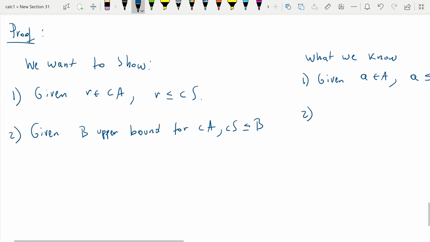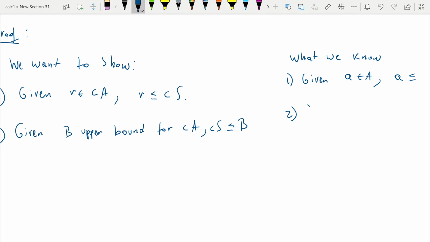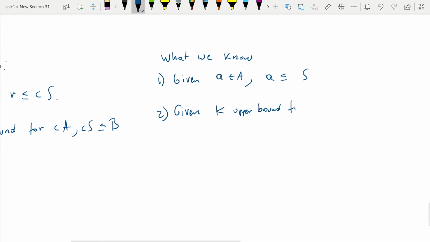And the second thing we know is that given k an upper bound for A, S is less than or equal to k.